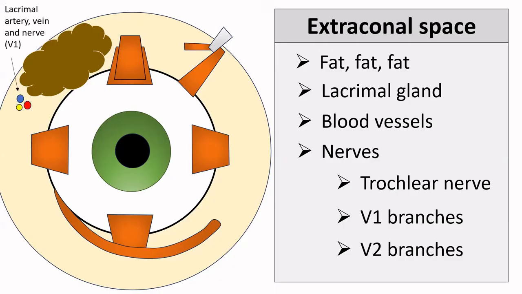I've just drawn some of these nerves, arteries, and veins for you. Superolaterally, we find the lacrimal artery, vein, and nerve for the lacrimal gland, self-evidently. We find the zygomatic nerve, a branch of the maxillary trigeminal branch, supero-inferiorly in the extraconal space.